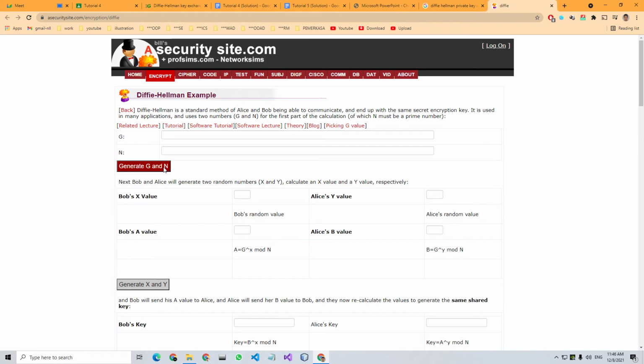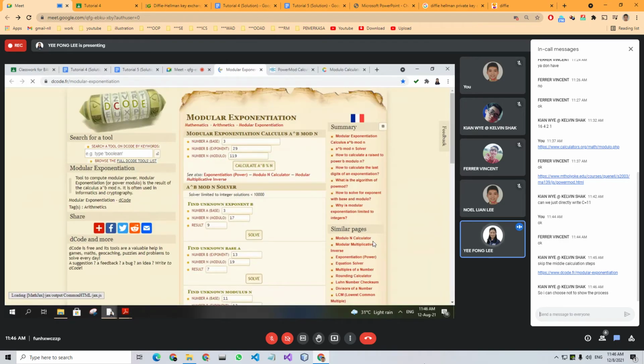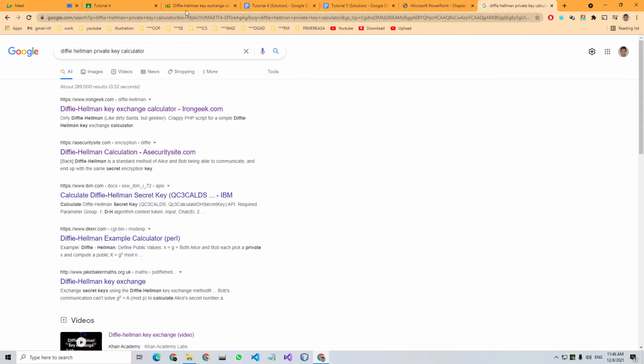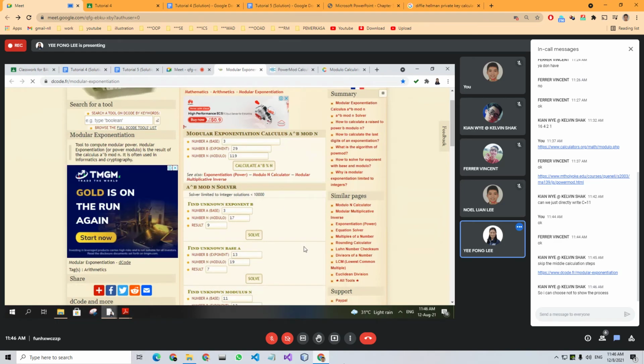Skip the middle calculation. Okay, let's look at the Kelvin's finding. Interesting, right? We need to find something to back up ourselves. Okay, let's look here. So we have the base. Now we want to find the exponent.